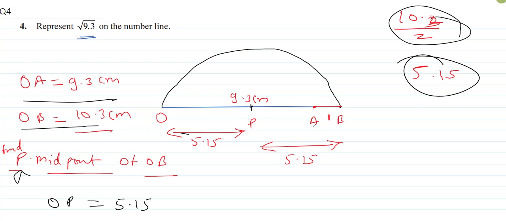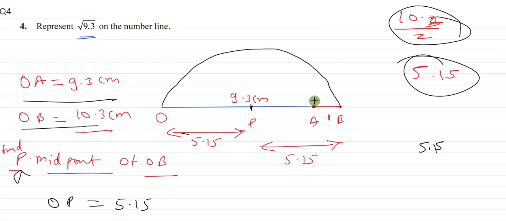Take a distance of 5.15 in the compass, put the sharp point here and draw with the pencil, then join OB.